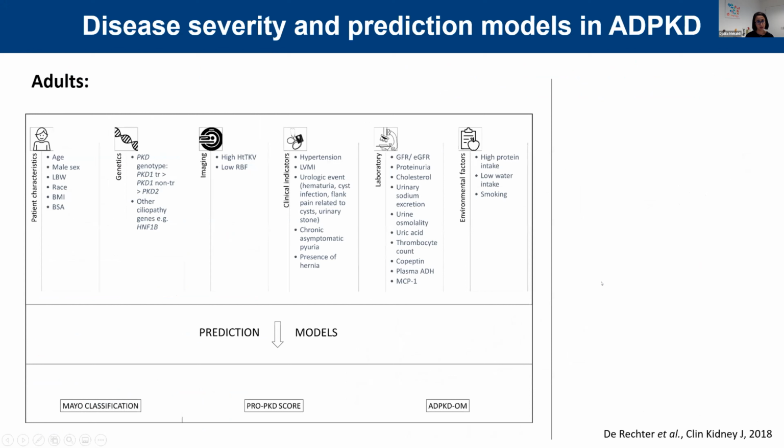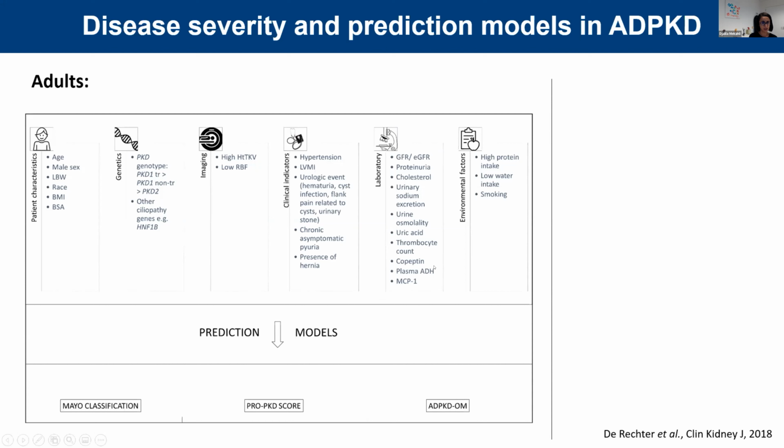For years, there has been lots of research in adult patients with ADPKD, and they have succeeded in defining some disease severity factors related to the patient, such as BMI, age, and male sex, but also to genetics. PKD1 truncating mutations have a more severe phenotype than non-truncating and PKD2. It has also been validated that height-adjusted TKV in adults might be a surrogate for progression.